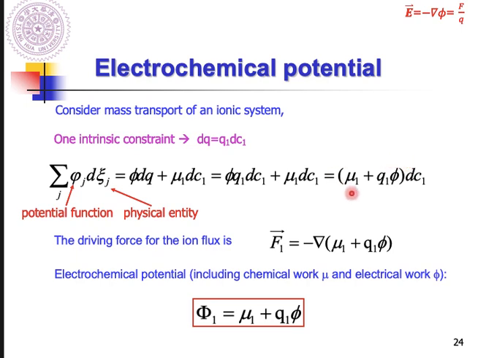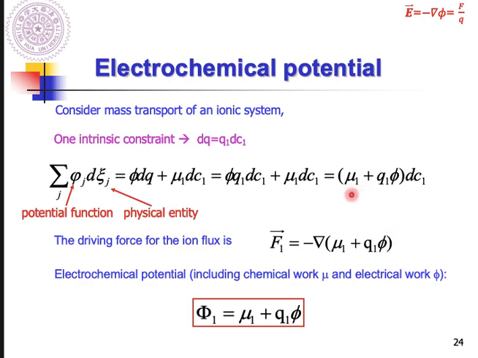So you get the mu1 chemical potential plus the q1 times the phi. This is due to the chemical potential, and this is due to applying the electrical field on it. So the driving force is just minus the gradient of the potential term.